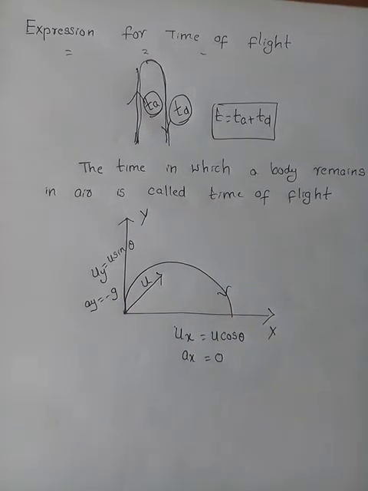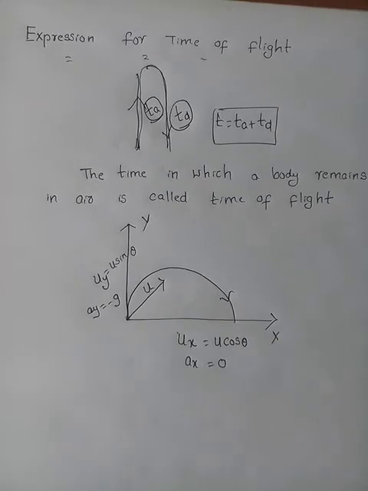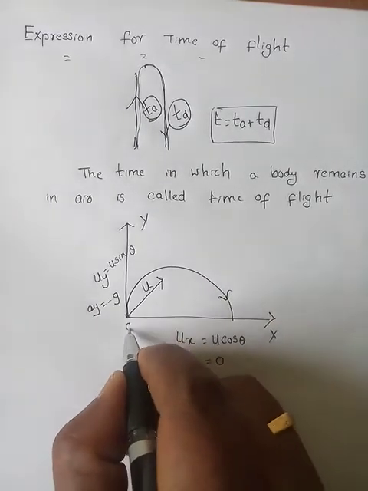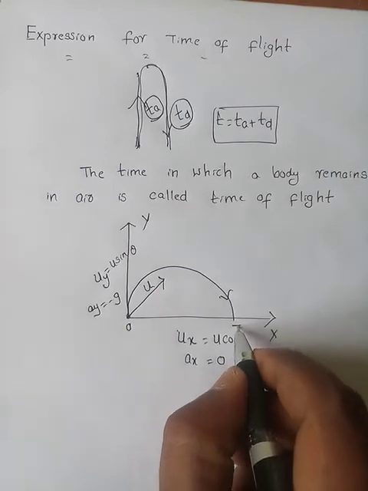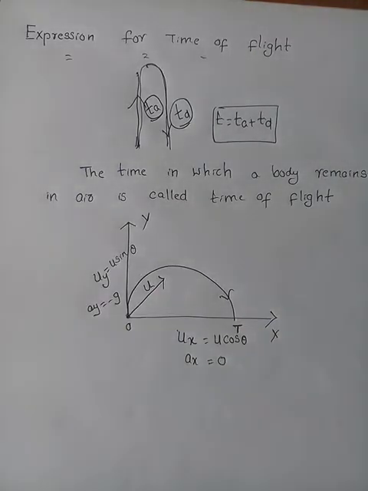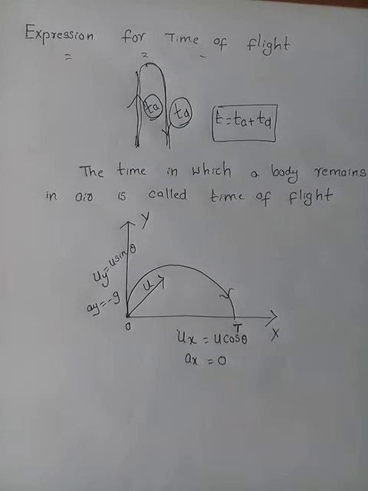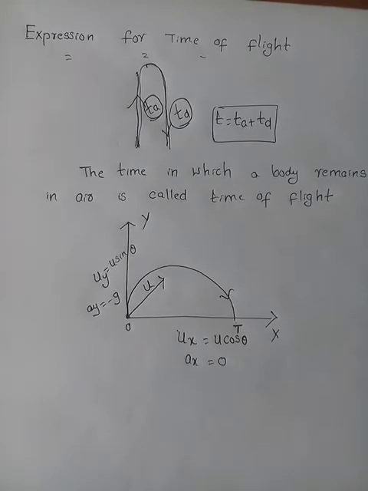Now, time of flight is what? The time in which a body remains in air. See, a body is positioned here at time t0 and reaches the surface after time t. So in this it travels only vertical distance. Is it right?